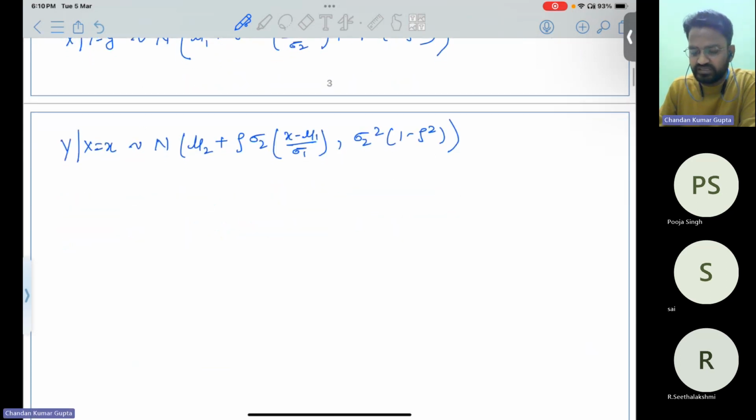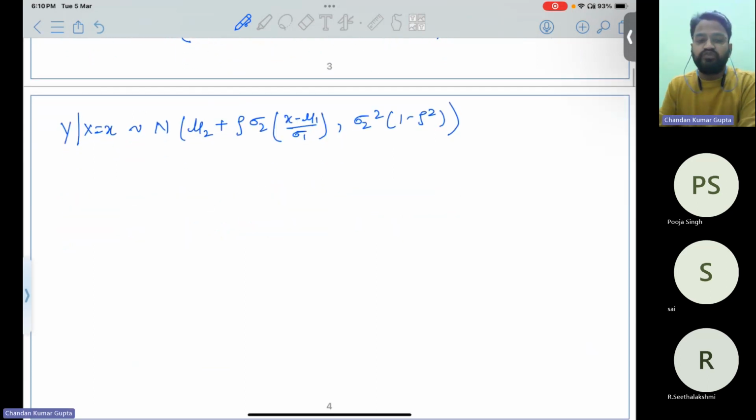We can say this because when we have a joint distribution, we are able to evaluate the marginal distributions of the variables. But in case of marginal distributions, we are not able to calculate the joint distribution unless we are given some other conditions.